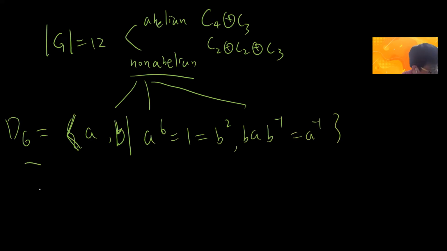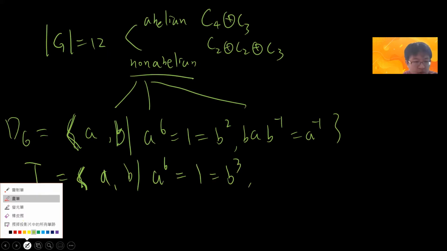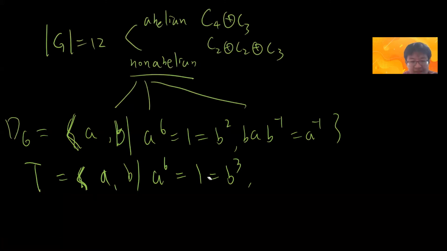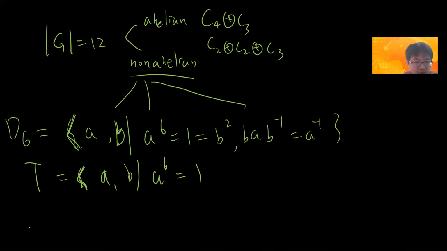And we have the so-called T group, which is a little bit strange. Sorry, let me fix that, I think this is not correct. We have a^6 is 1, b squared is a cube, and b a b inverse is a inverse.